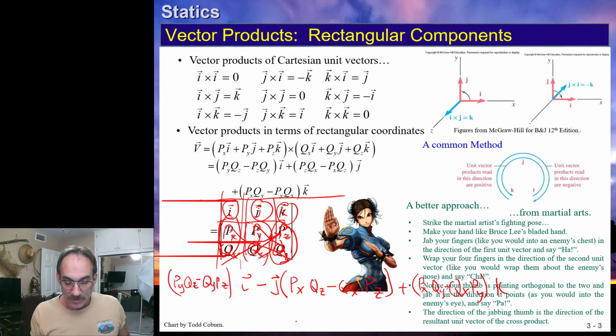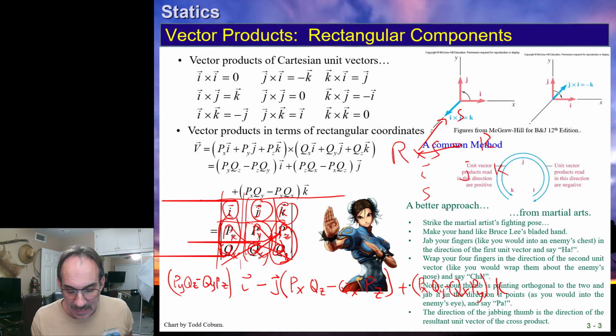This is quick. You just set up your determinant. Let's say we're taking the cross product of two vectors. Let's call them R and S. In that case, we'd construct our little determinant: i, j, k. We'd say R cross S, right?